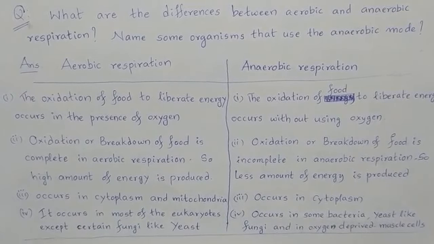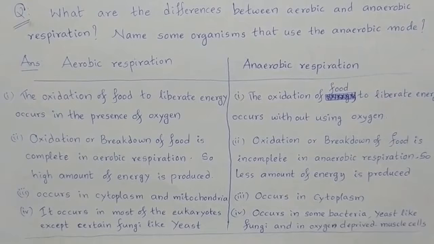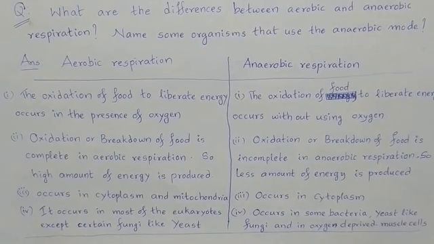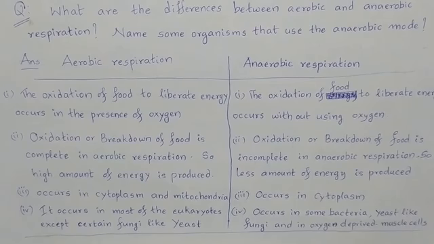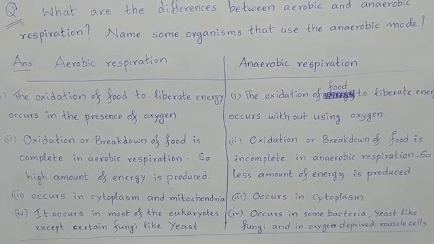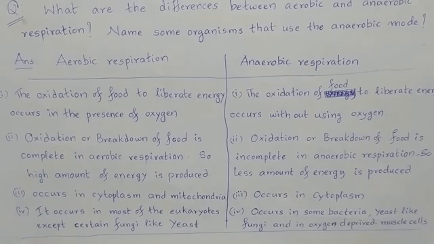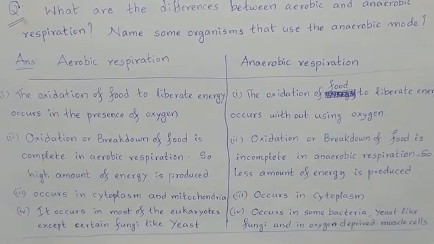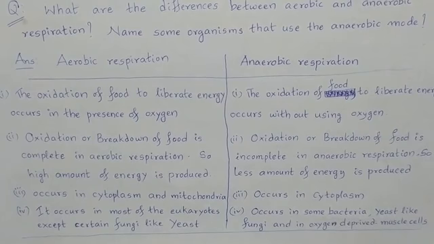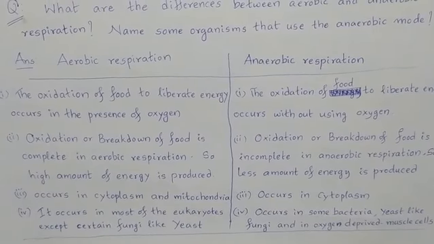So what is the difference between aerobic and anaerobic respiration then? The oxidation of food to liberate energy that occurs in the presence of oxygen, or by using oxygen, is known as aerobic respiration. The oxidation of food to liberate energy without using oxygen, or in the absence of oxygen, is known as what? Anaerobic respiration.